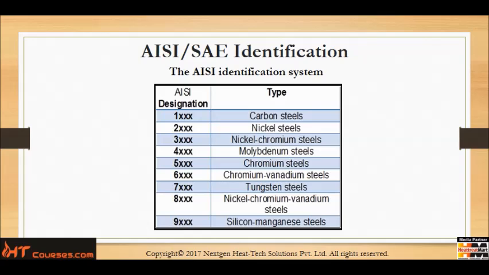All that means, it is 6 chromium vanadium steel, 0 nothing has been done to modify it, and 100 means 1% carbon. It's a very, very simple system, very simple indeed.